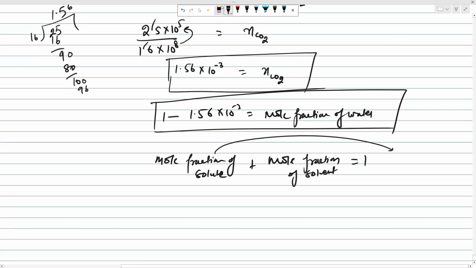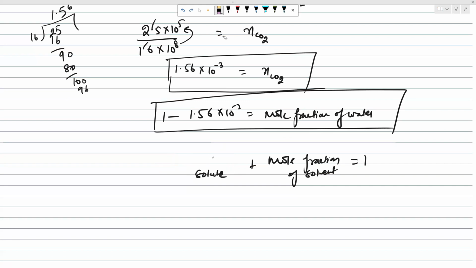Just concentrate here. This is important. Then you need to do this question again on your own. First of all, you need to find out the number of moles of CO2. You find this value, that is X CO2.